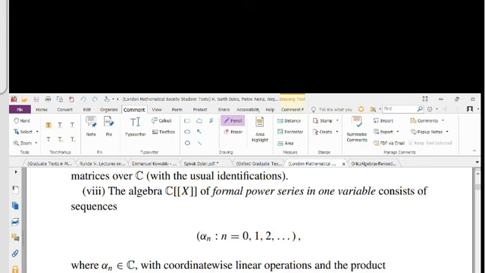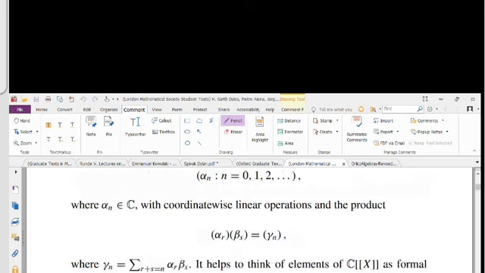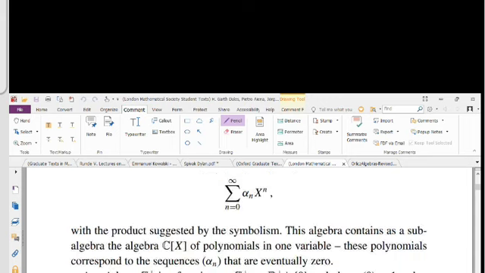The multiplication of these two sequences is another sequence gamma n, such that gamma n equals this summation. It's helpful to think of elements of this space as formal series of this form, and then we can see this multiplication with the product suggested by the symbols.